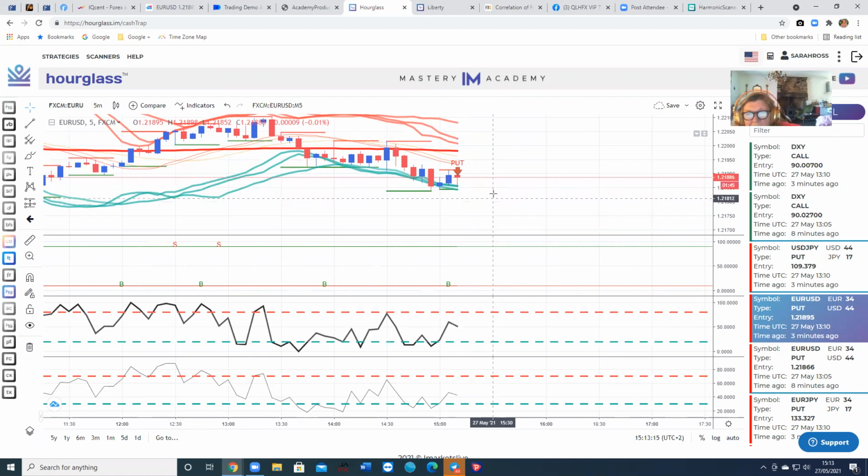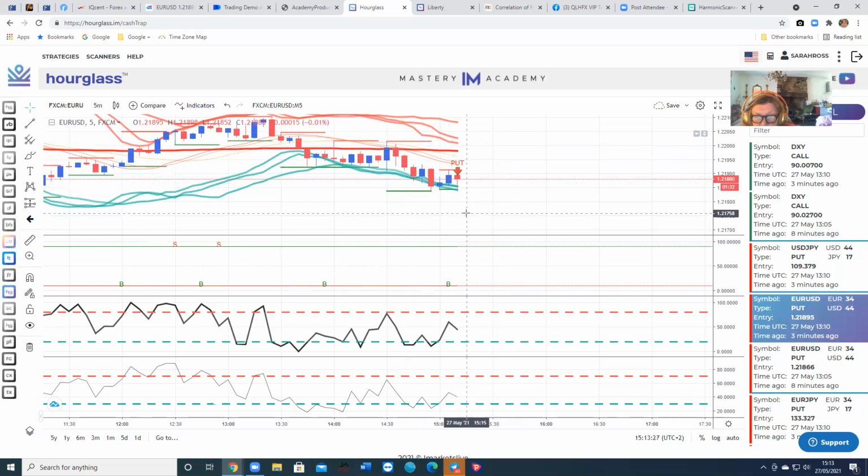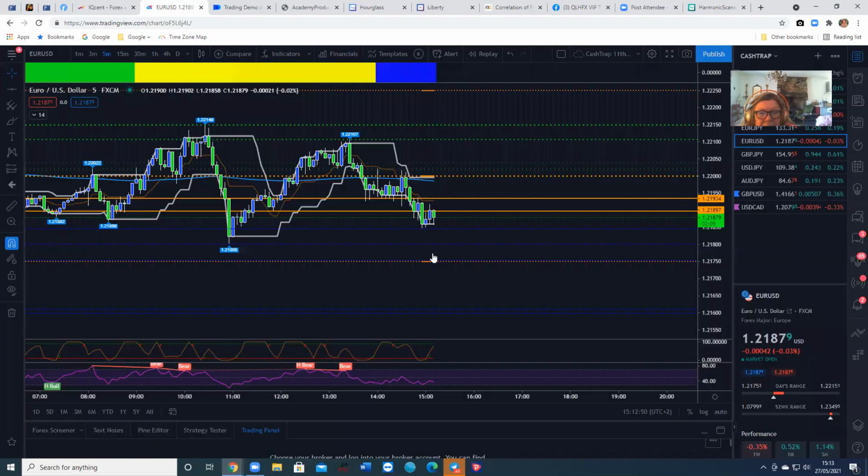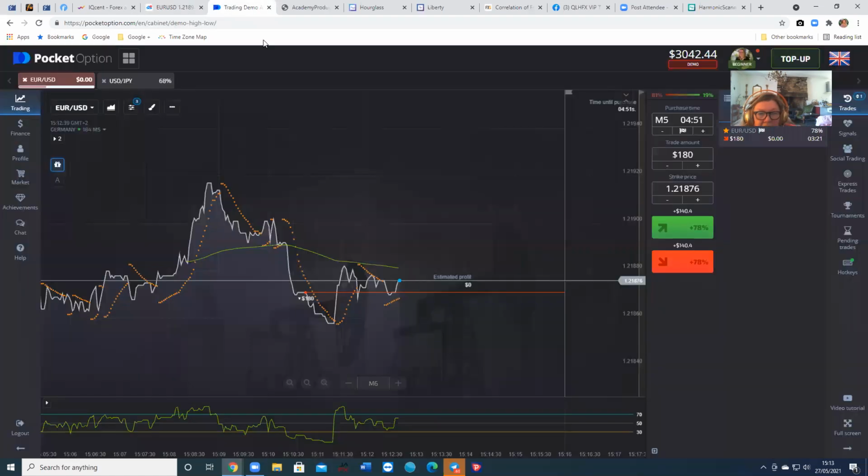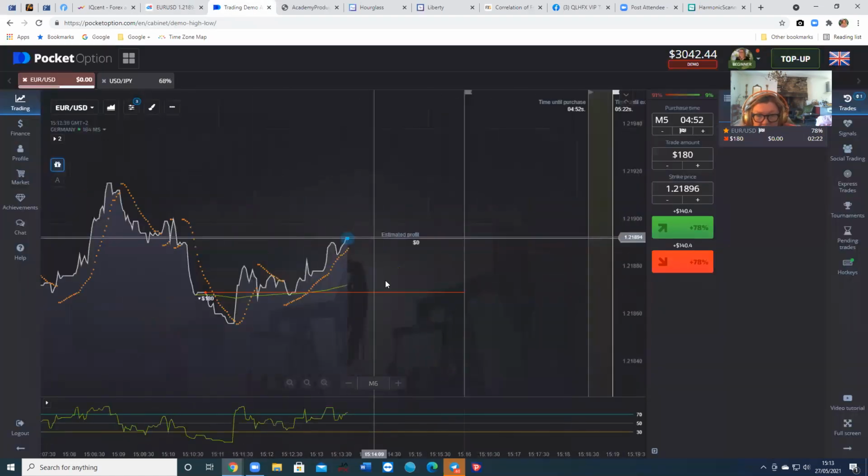So I didn't get a particularly good entry, did I, on this one? But you can see it leveled off there. We've got the 200 moving average now moving to the top, which means price is pushing down. Let me look back over here. It's wicked off that 860 area. So I'm very tight on this one. Yeah, in a loss.